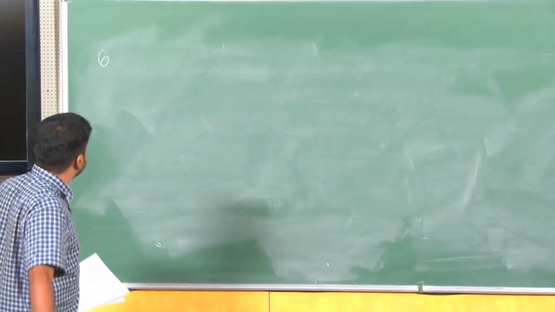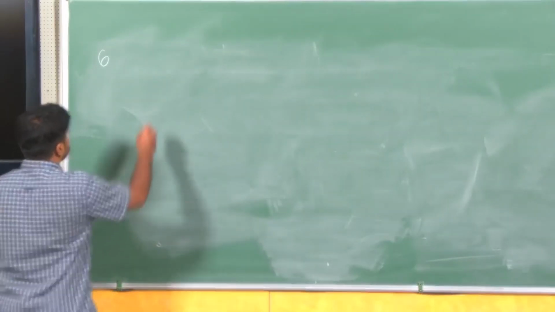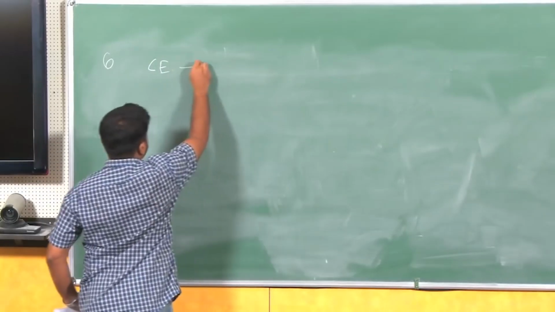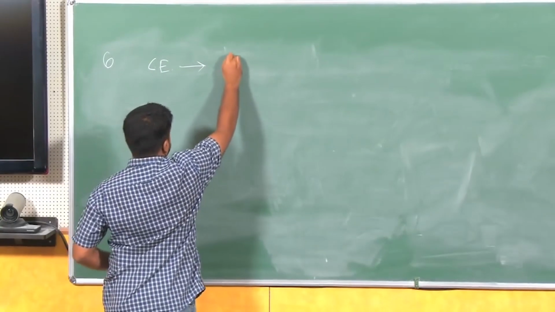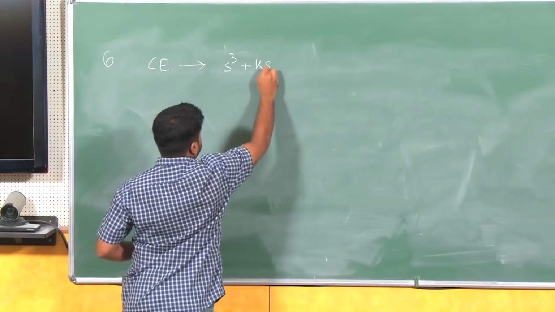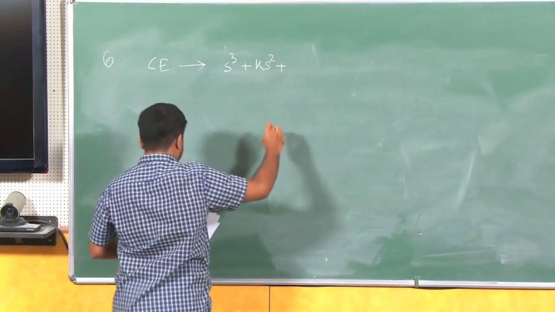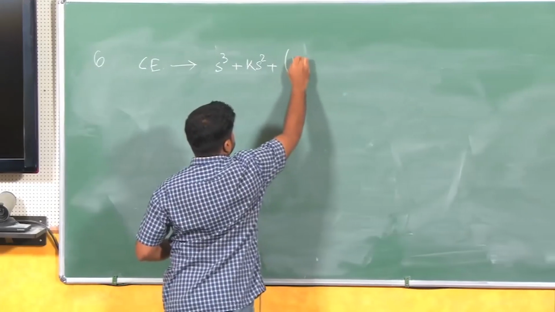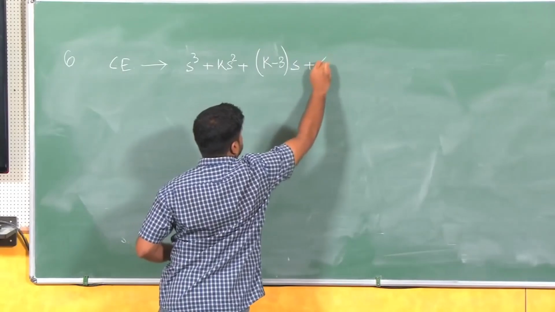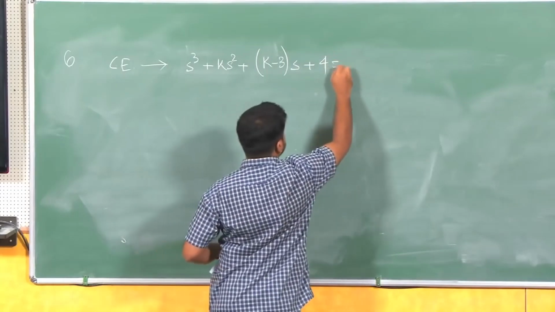The characteristic equation is s cube plus k s square plus (k minus 3) s plus 4 is equal to 0.